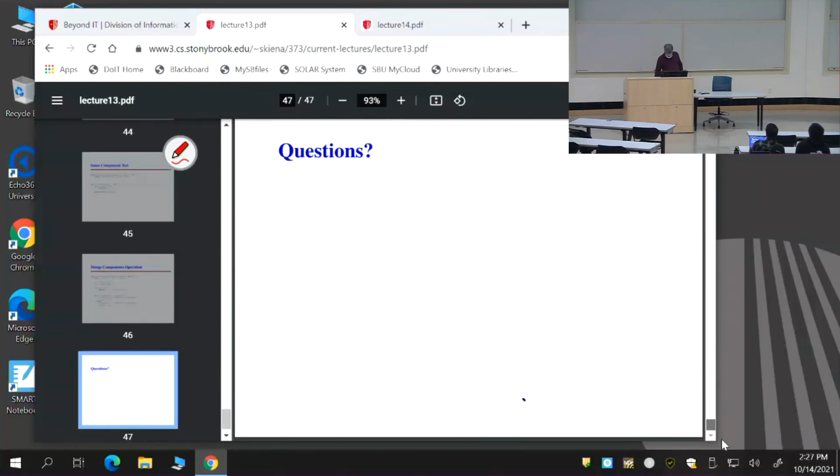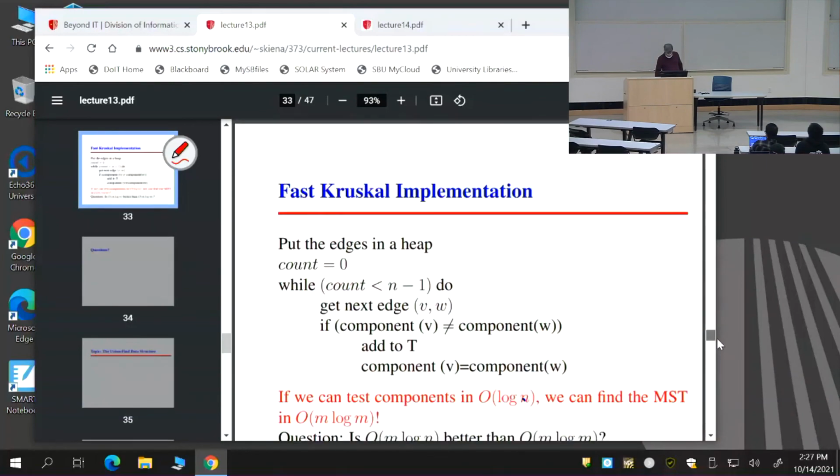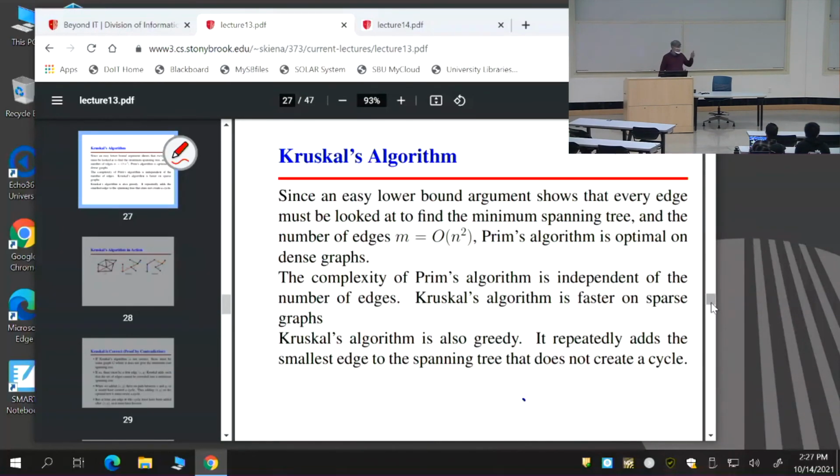I'm a little bit confused about that. Never mind, maybe I don't have the code here. It's in the book, but it was pretty obvious. Sort, and then keep taking the next smallest edge. If it didn't create a cycle, add it, and then merge the components. Okay, any questions about Kruskal's algorithm?